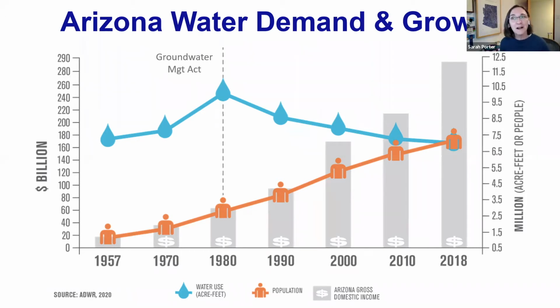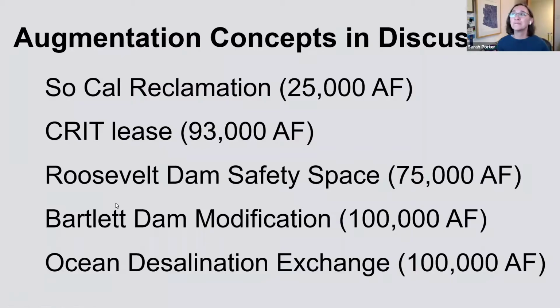I think we're now ready to talk about what the Arizona Water Blueprint is. Oh no, one more thing. When I was talking about all the consequential decisions, I thought it might be helpful for you to know of this list of five potential ways of developing more water for different parts of the state, mostly the Phoenix to Tucson area.